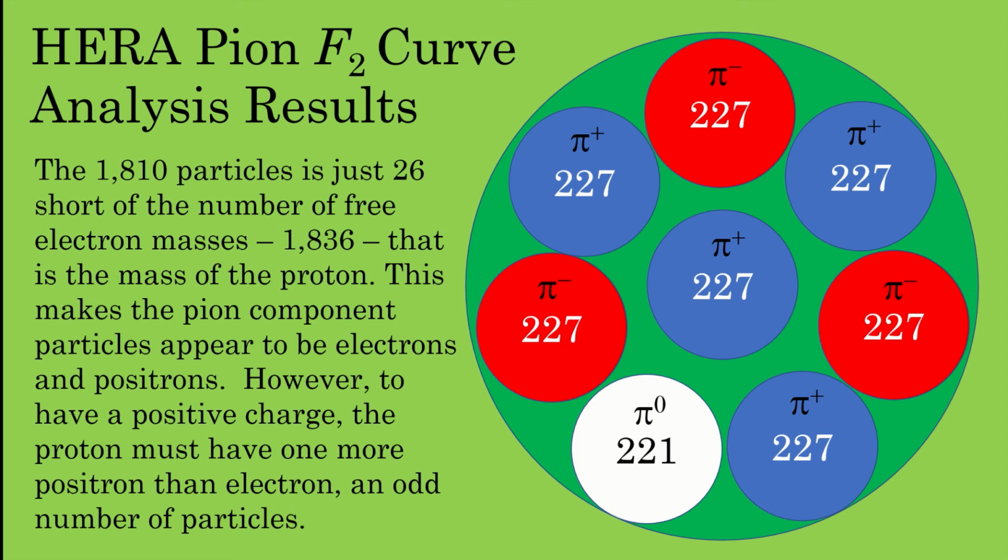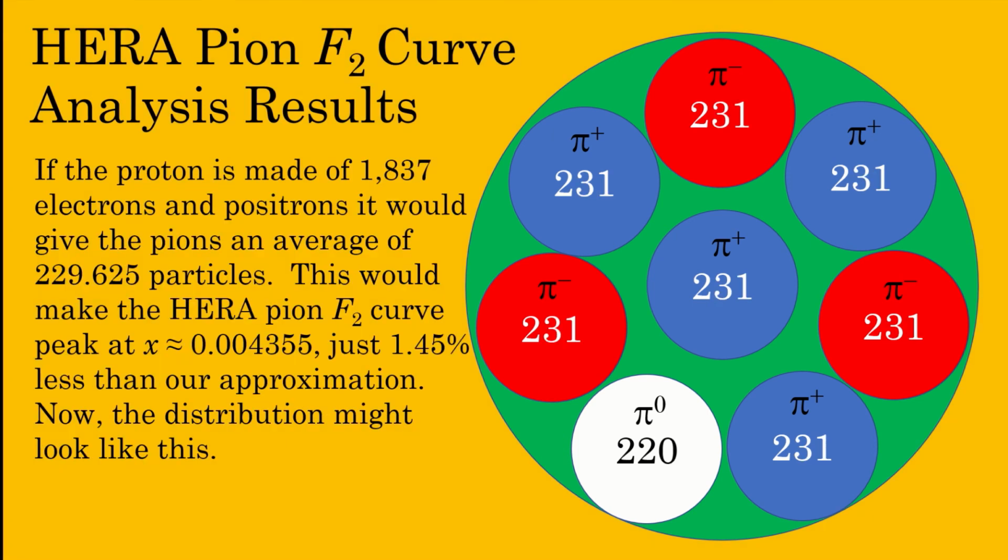However, for the proton to have a positive charge, there must be one more positron than electron in it, making the total number of particles in it odd. Pions with an average of 229.625 particles, an x of 0.004355, would produce a proton with 1,837 particles.